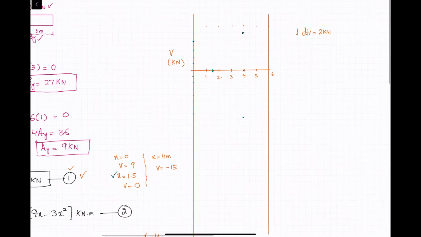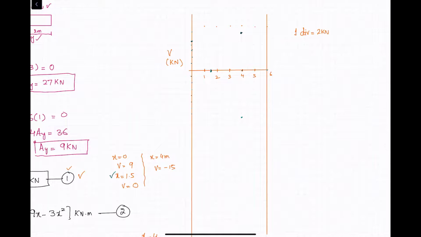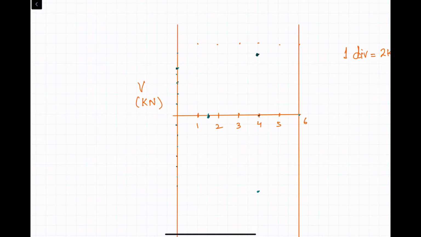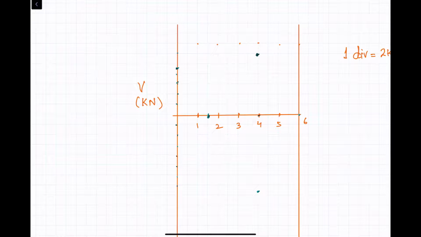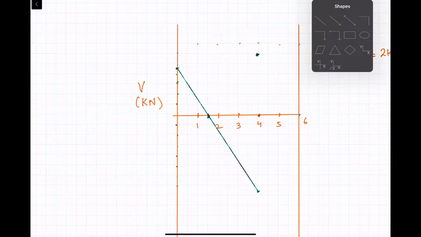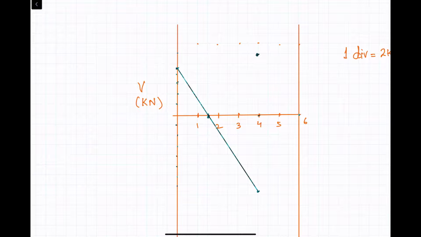So V will be this one. Now let me join these lines. This will be your line, and then the shear force changes from minus 15 to 12.